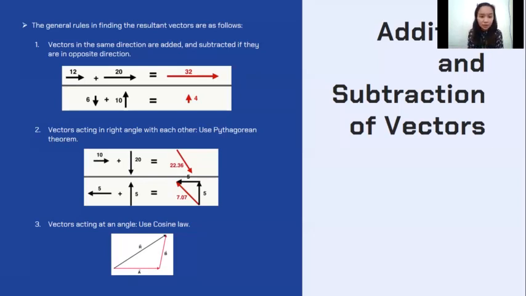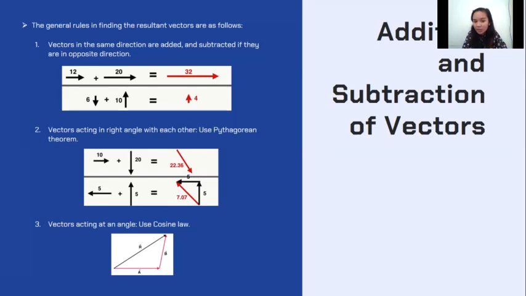And then for number 2, vectors acting in right angle with each other, we are going to use Pythagorean theorem. Okay, so in this case, kapag i-add natin si vector 10, which is going east, and then si vector 20, which is going south, we are going to use Pythagorean theorem. Ano ito si Pythagorean theorem?